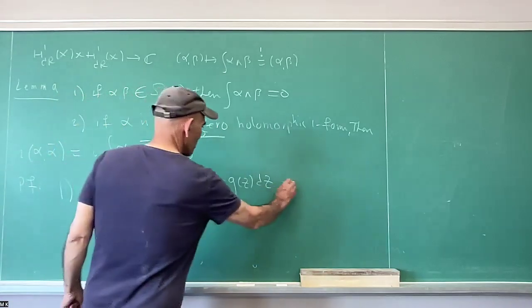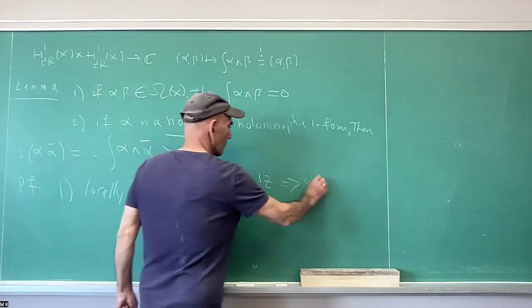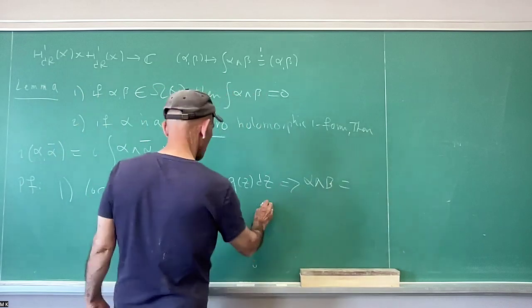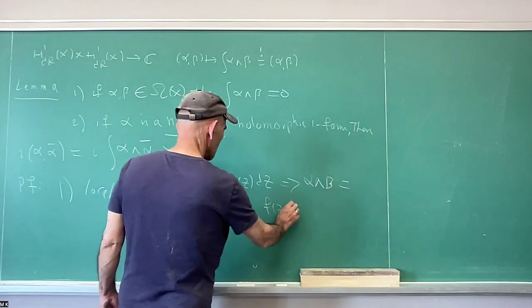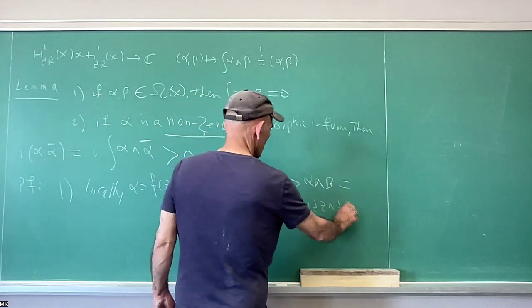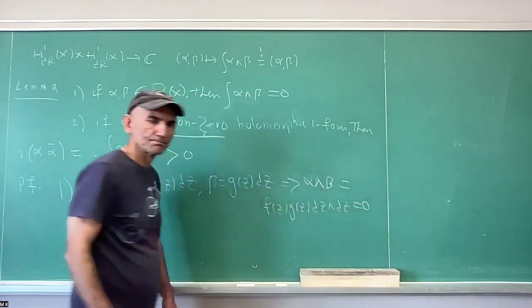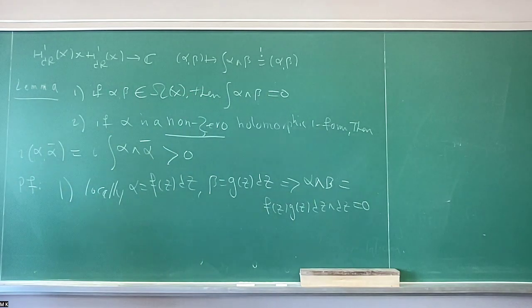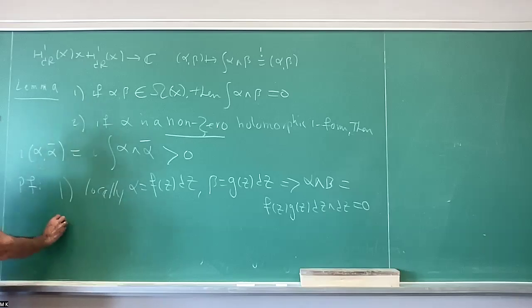So from here you conclude that alpha wedge beta is equal to f of z g of z dz wedge dz, which is of course 0. A one form wedge product with itself is 0. So one is done, easy.